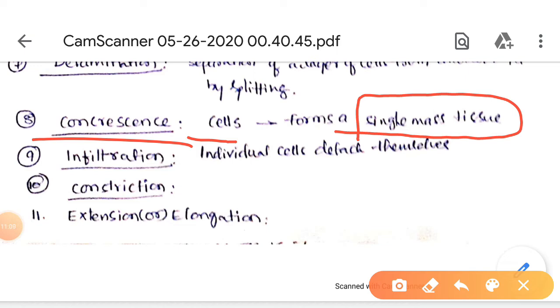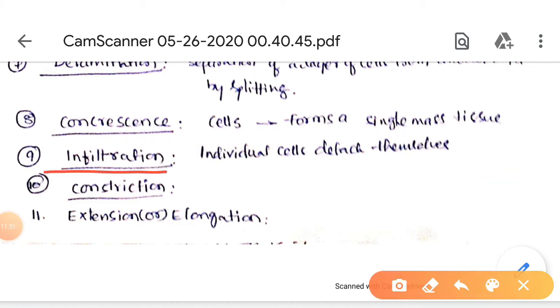So here a group of cells migrate towards each other and form a single mass of tissue. It's called concrescence. This type of process occurs during the development of feathers in birds.